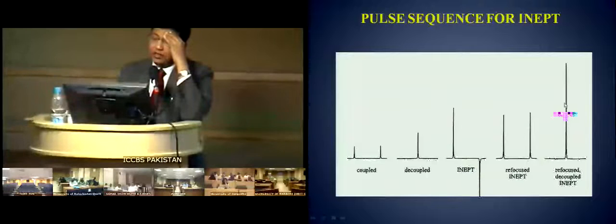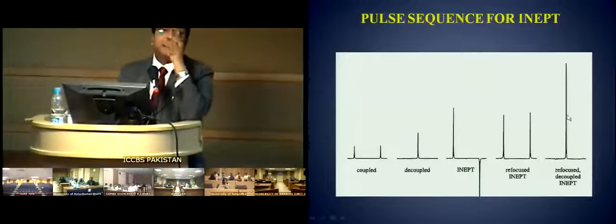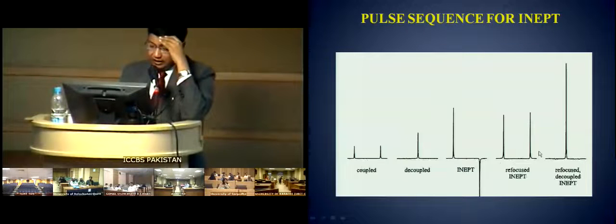Now you compare the intensity of this with the decoupled one, and you see there is a substantial increase in intensity because of polarization transfer. And you can also compare the intensity of this doublet with this doublet, and you see even the refocused INEPT would give you an increased sensitivity.